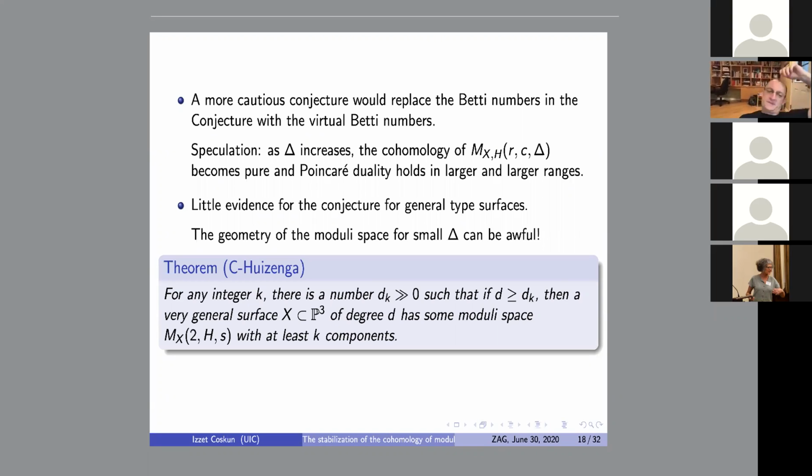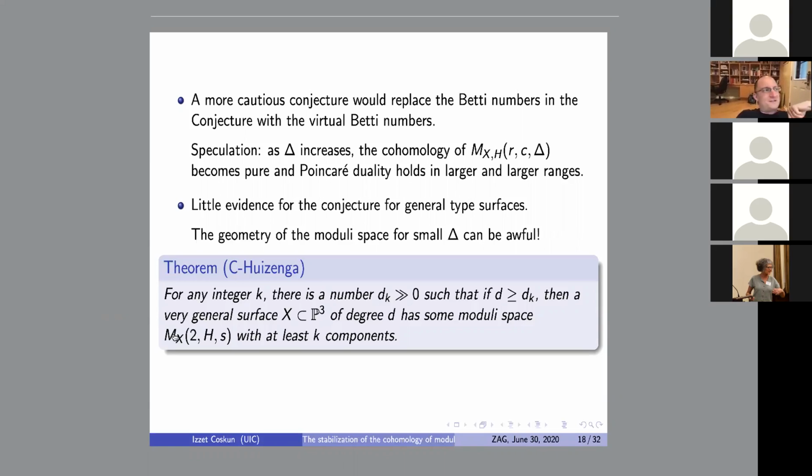The precise theorem is something like this. If you fix any integer k, then you can make the degree sufficiently large that, if the degree is larger than this given number d_k, there exists a certain second Chern class such that the moduli space of rank 2 sheaves on a surface of degree at least d_k has at least k components. And in fact, for small discriminants, these moduli spaces can probably be arbitrarily singular and terrible.